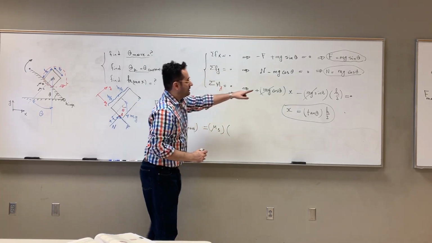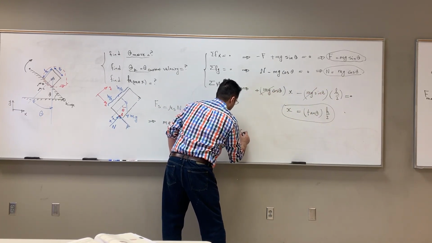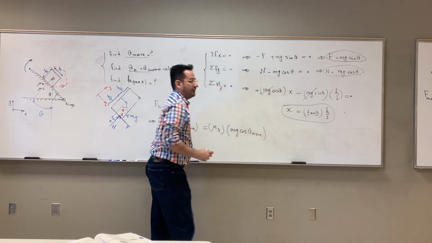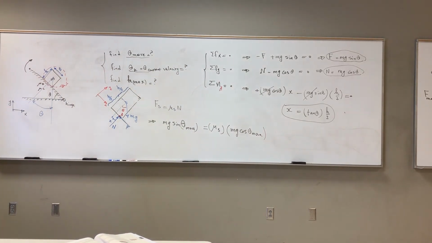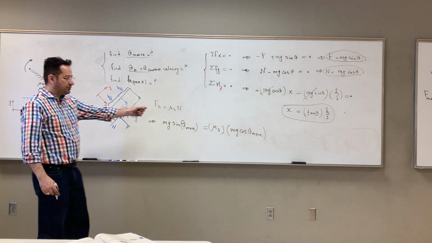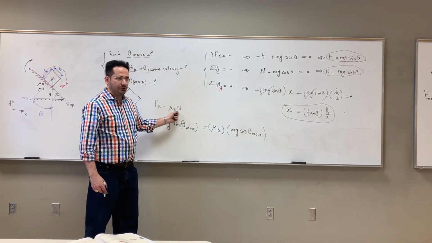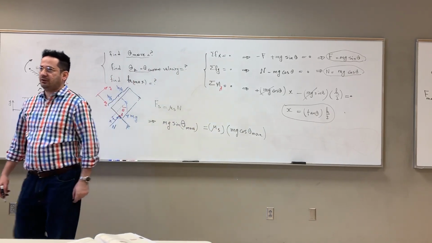At that point, N is equal to mg times cosine theta move. Theta move is the angle of movement, right? So all I did, I said this equation is valid at that point, I plug F and N into the equation, and then can I solve for theta move?